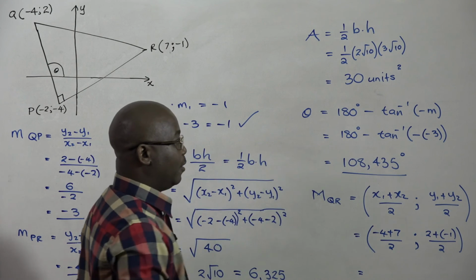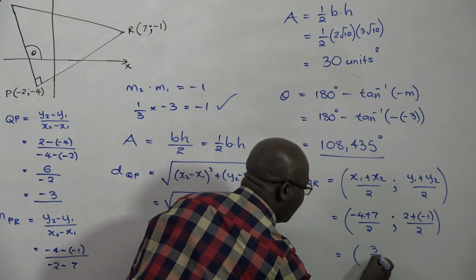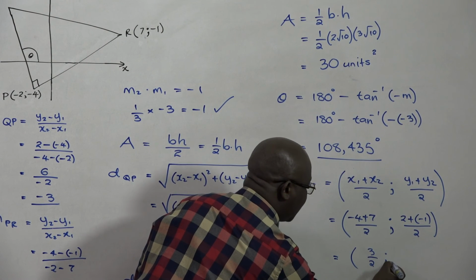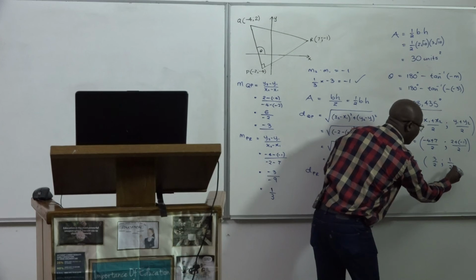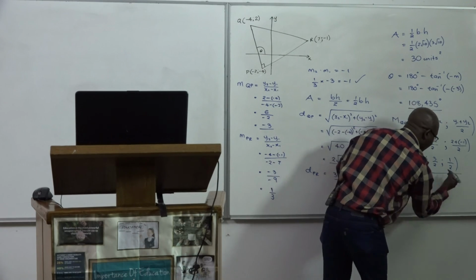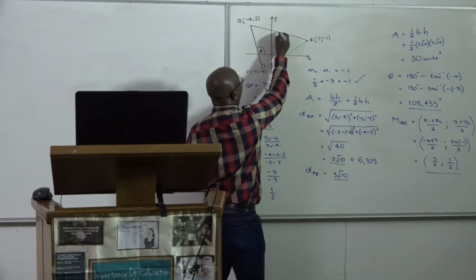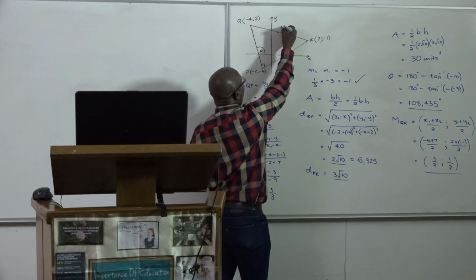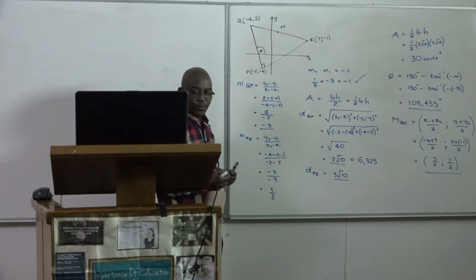And then we can always punch this in our calculator. It gives us 3 over 2, semicolon, 1 over 2. And then this becomes the coordinates of the midpoint of the line QR, which from our question, it would be somewhere there. And then we are done with that question.